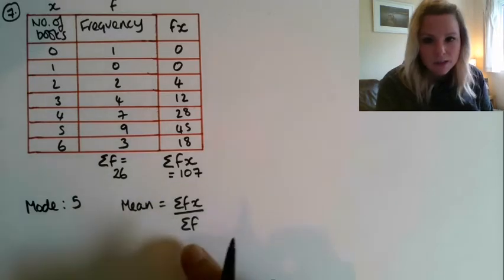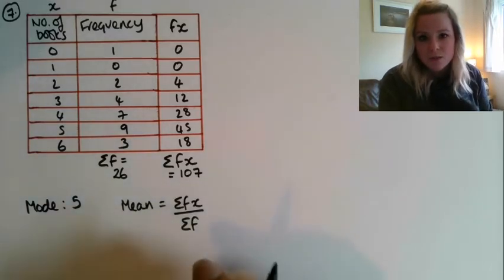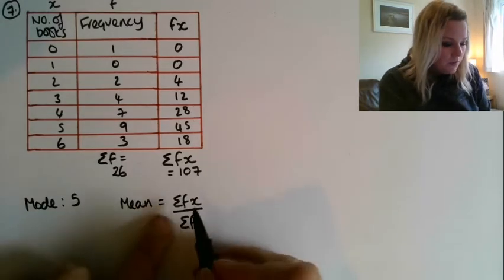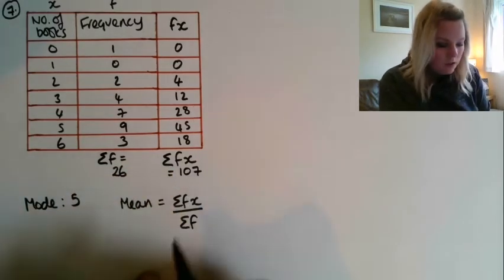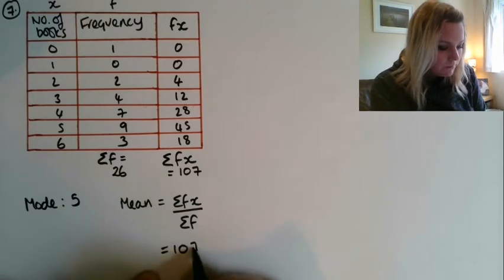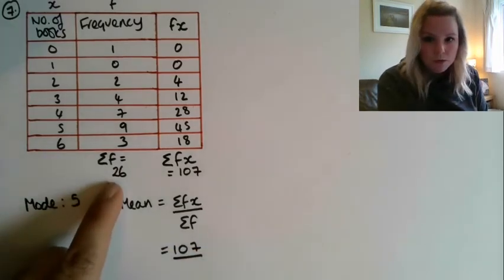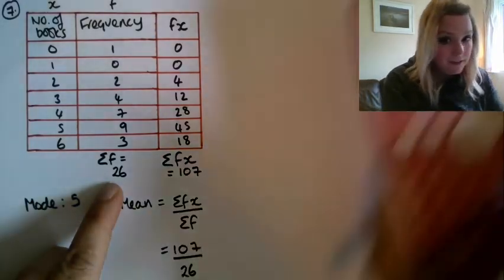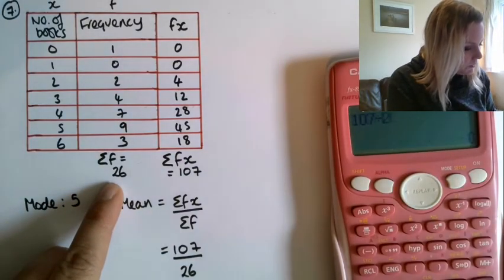This is just a little bit quicker, and as I say, it does start to prepare you for maths further on up the school. So my total of my FX column was 107 divided by my total of my frequency column, which was 26.